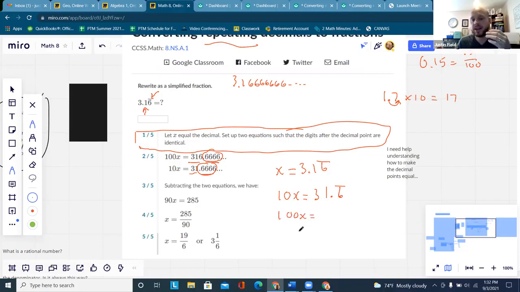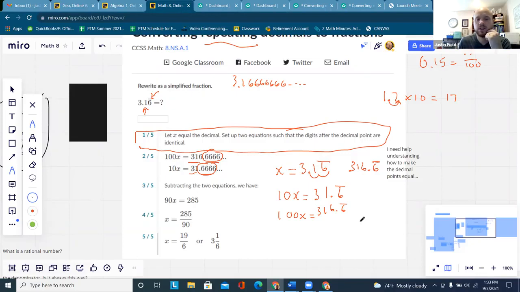To make 100x, I would move it 2 times. 1, 2. So what would that give me? That would give me 316. But remember, the 6 with the bar means that it keeps going on. So that's 316.6 repeating. Okay, and now, like it says, we subtract the two equations.